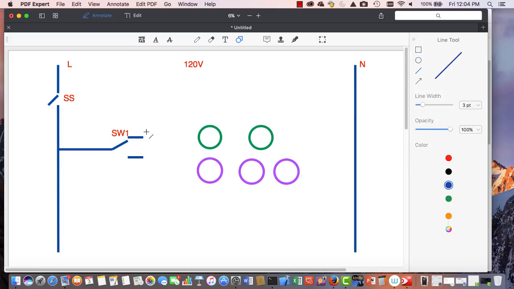So let's go ahead and connect everything together. And we know everything has to come back to neutral to complete the circuit. This one's a little bit off, so we're just going to come down there. We'll connect that together.